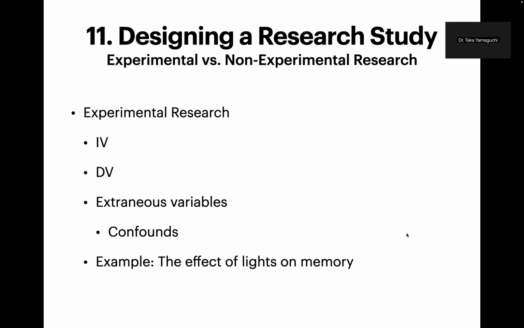Now, participants are randomly assigned to one of the two conditions. Then they will be asked to memorize items and their memory will be tested later. Let's say the obtained data suggests that participants in the bright condition performed worse than those in the dim condition.